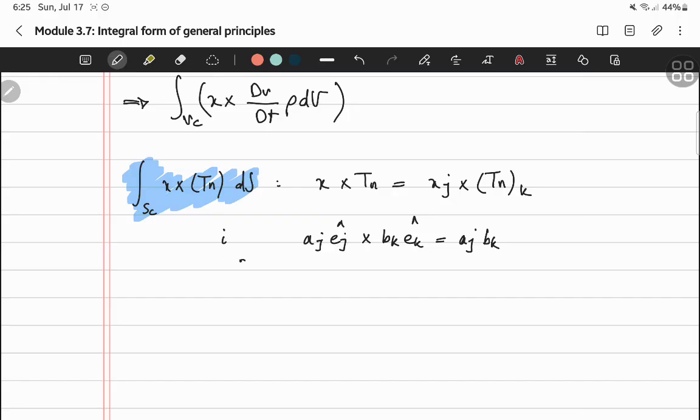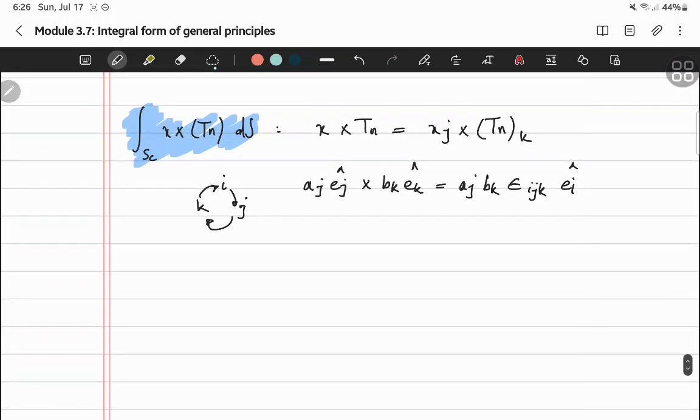So we had i, j, and k, and then this became epsilon, sorry, this became epsilon jki, and then we had e_i, right? And this jki was equal to ijk, if you remember.